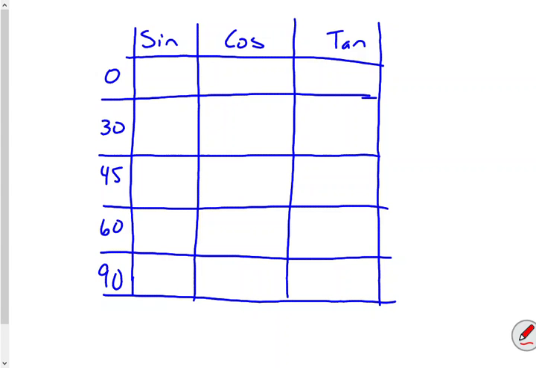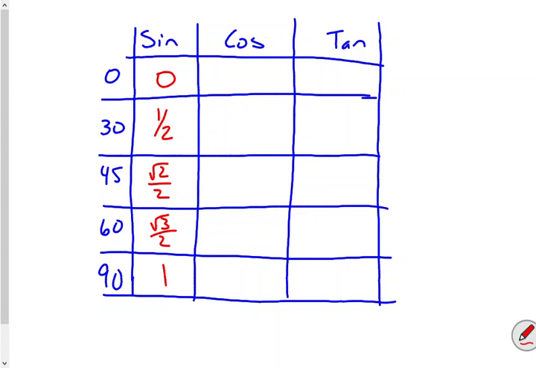So when we're talking about sine, we're going to assign this as a 0. Sine of 30, if you remember, was 1/2. Sine of 45 is root 2 over 2. Sine of 60 is root 3 over 2. And 90 will be 1.